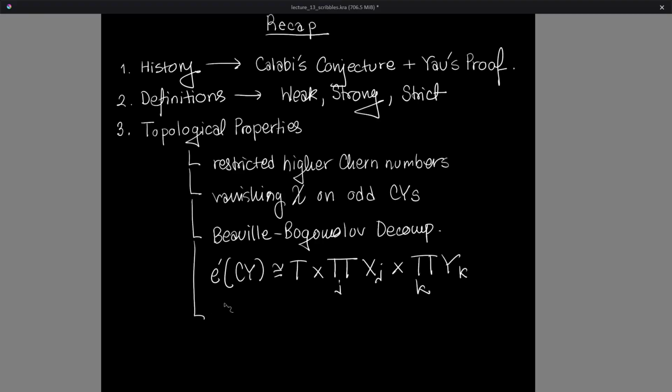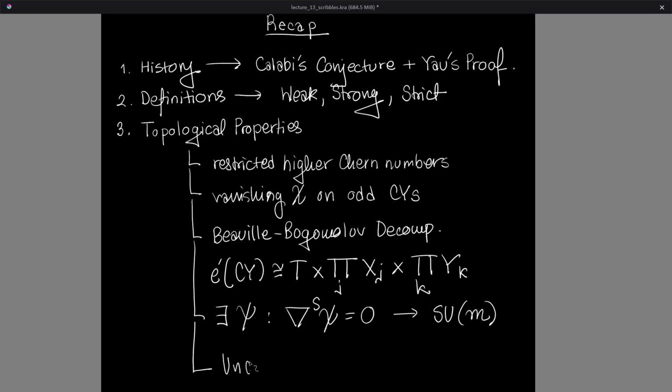And then we had the existence of parallel spinors psi such that nabla_s psi is equal to 0. This was because of the SU(n) holonomy. And lastly, we had unobstructed local moduli spaces.